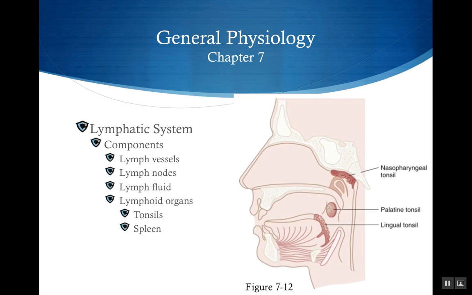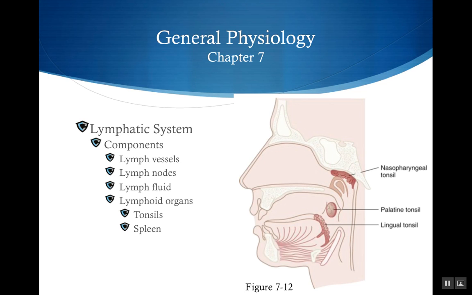So the tonsils are a ring of lymphatic tissue located in the upper portions of the nose and throat. Typically, when you think of tonsils, you're referring to the palatine tonsils. Those are the tonsils located in the oropharynx, and those are the ones that are visible when you say ah.